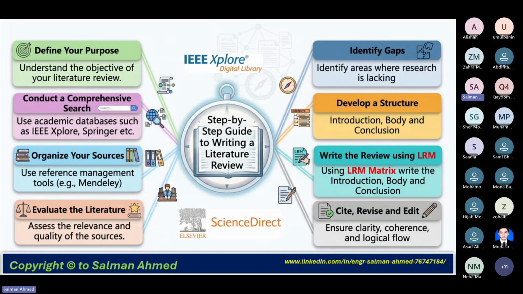I take the example of IEEE. If you are finding some gap, you should not just focus on Emerald or Springer or IEEE. You have to focus on all of the databases and check the credibility of your work. For that purpose, you have to do a comprehensive search that may provide clear contributions.